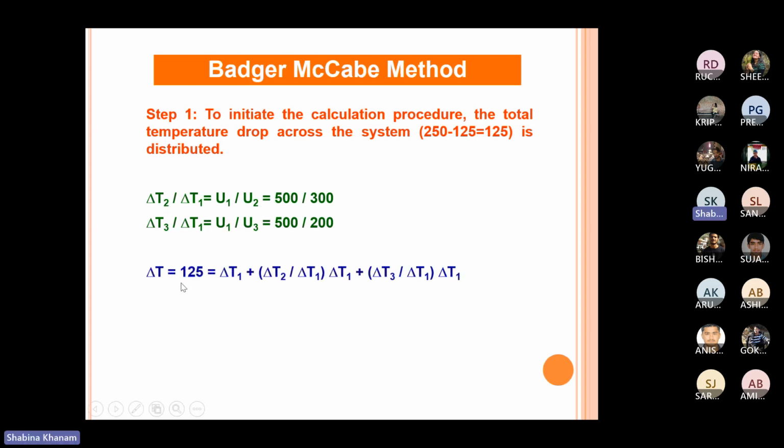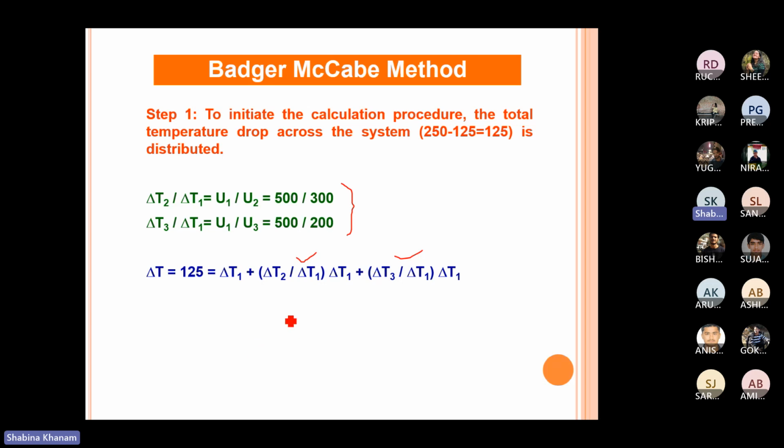Now the total driving force I have is delta T, which is equal to 125, and that should be equal to delta T1 plus delta T2 plus delta T3. So you can divide this term by delta T1 and multiply by delta T1, similarly for this term, which you have already done over here, right?